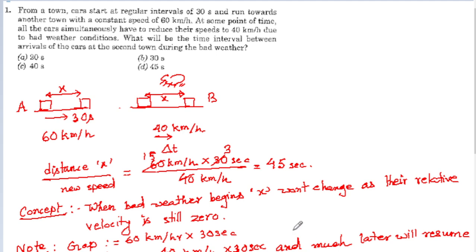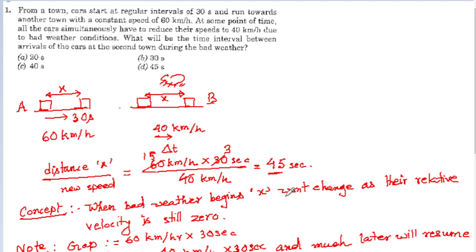So here we can say that when the bad weather just begins, the time gap for reaching town B during the bad weather condition will be 45 second.